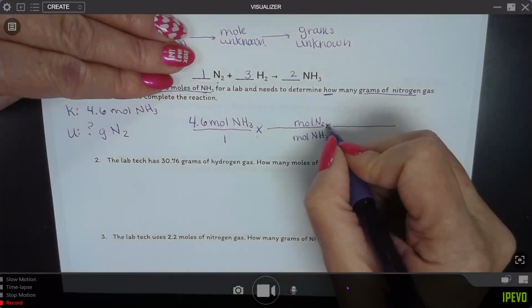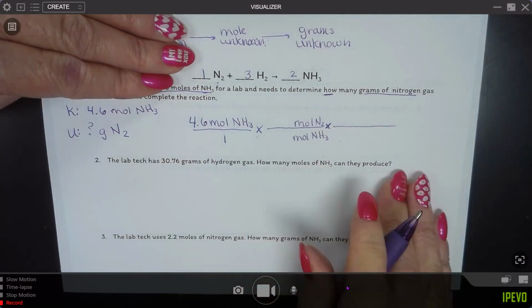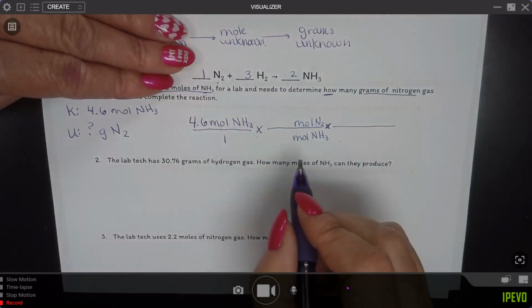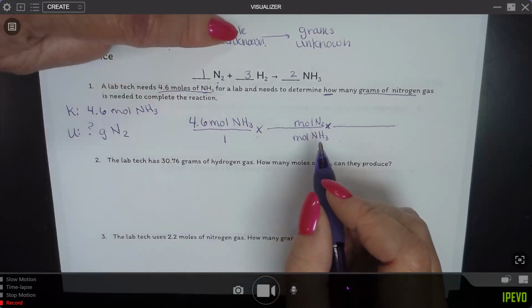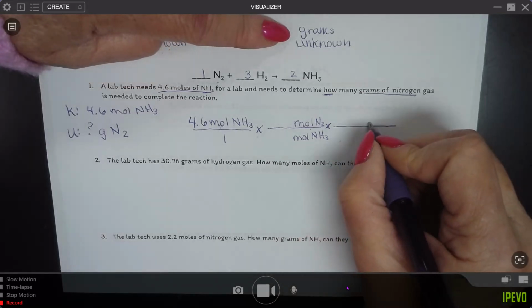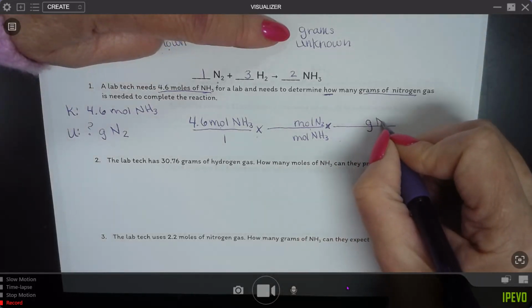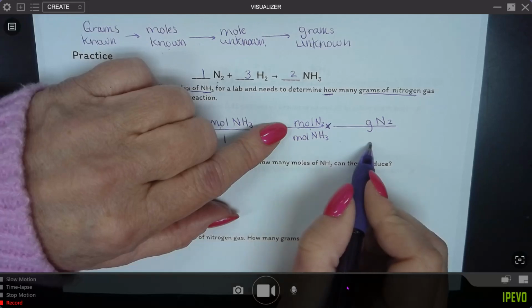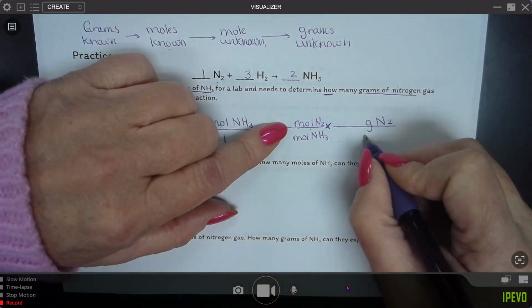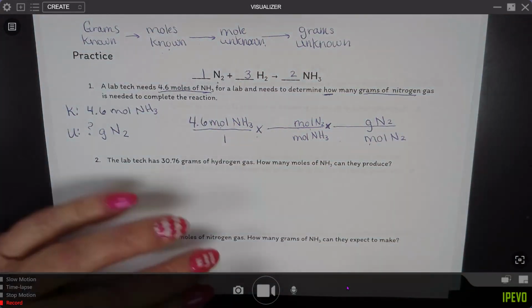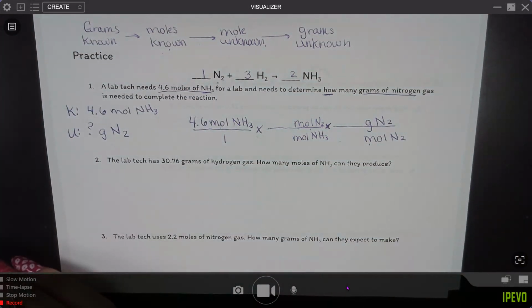And like I do in class, I'm going to go ahead and just set this up, and I'm going to put all of my units in, and then I can go back and kind of know what numbers I need. Okay, so I'm going from moles of unknown. The next step is to go to grams of unknown. So in this case, grams of N2. All right, and again, I'm going to bring these units down diagonal, so moles of N2, okay? And now that I have all my units, I'm going to look at what I need to do for numbers, okay?